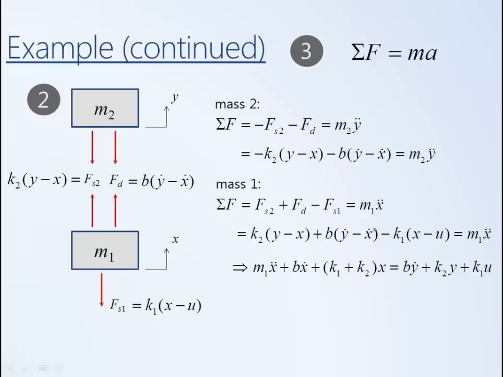We had a negative b x dot, which when we add it to that side becomes positive. We also had a negative k1 x and a negative k2 x if you distribute that k2. When we move those to the right hand side, they also become positive. On the other side, we can just leave the k2 y, the b y dot. So those are both positive, and when we distribute the negative k1 and multiply it by the negative u, that becomes positive. A negative times a negative is a positive.